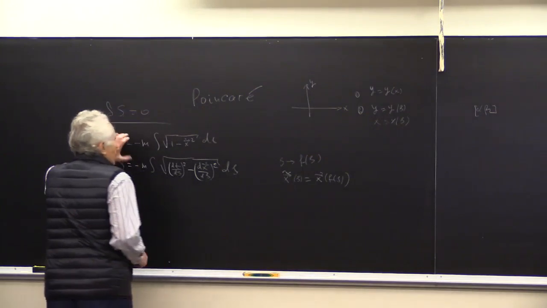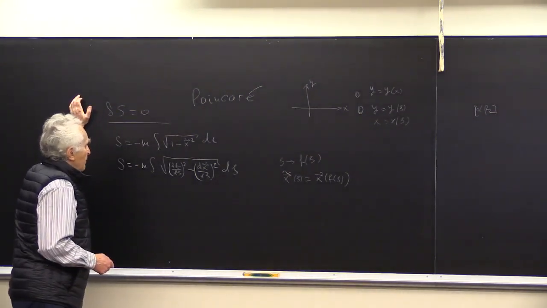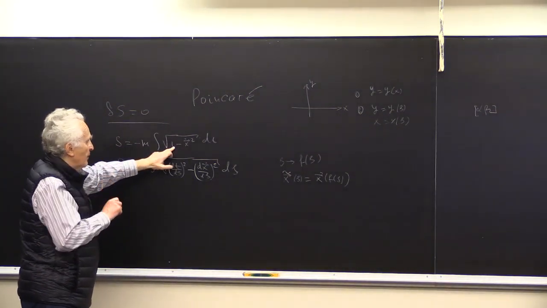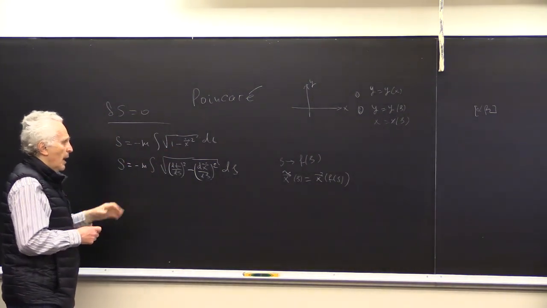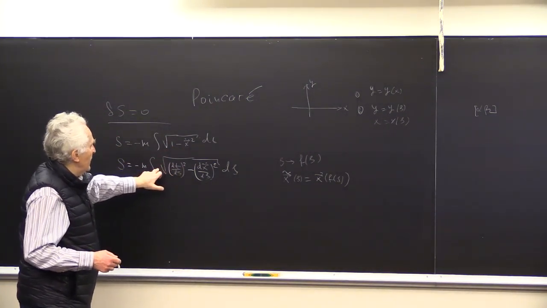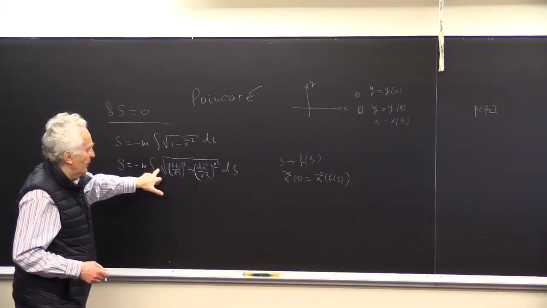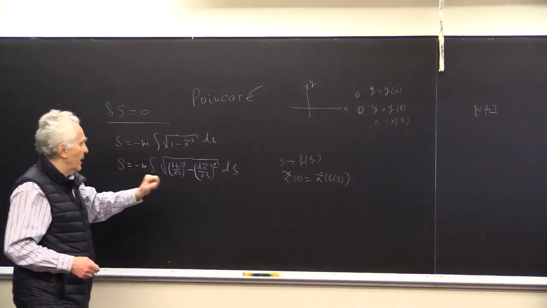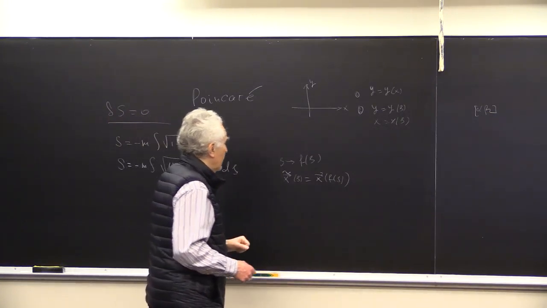Okay, and we also said that we derived this action. I derived it by taking dt ds out of the square root last time, and then we get this thing.